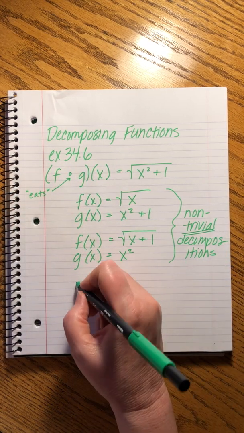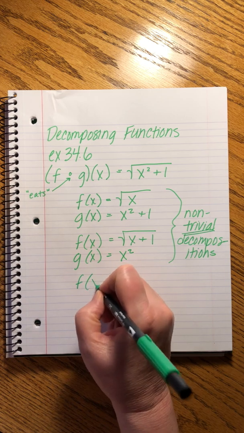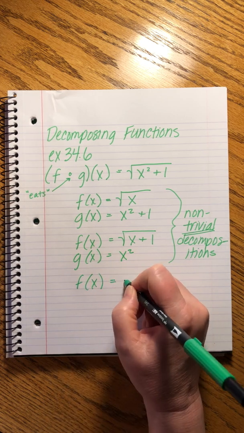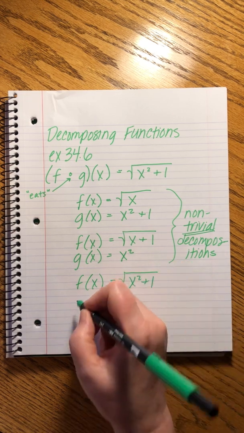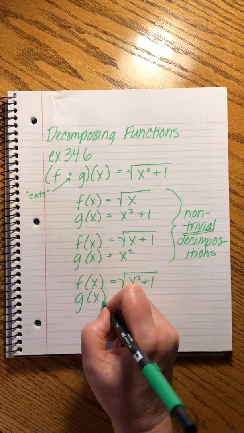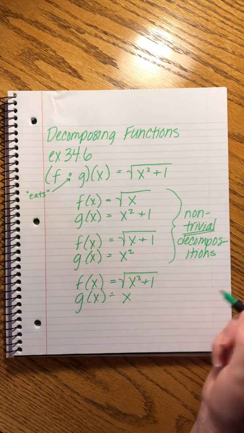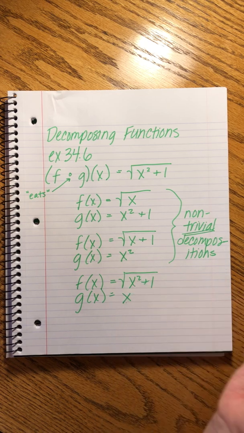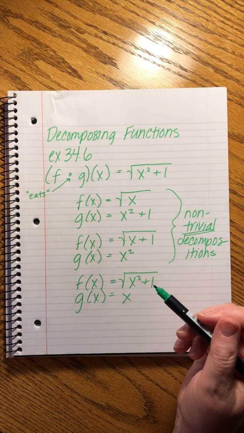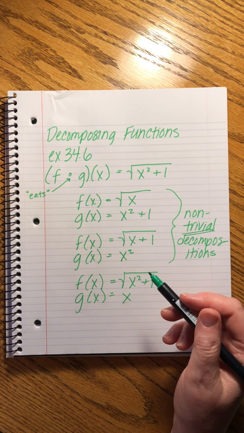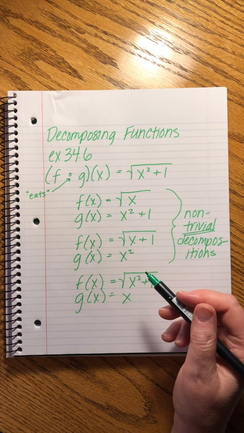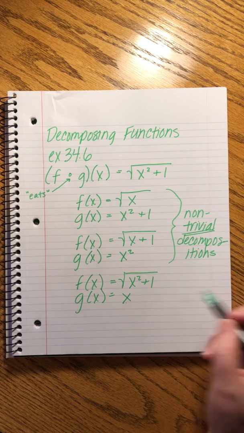What would be considered a trivial function is, we said, oh, let's just let the f of x equal x squared plus 1, and then the g of x, we'll just say that equals x. Because then when this goes in there, it's exactly the same, right? That's kind of cheating. I mean, it's not cheating. It's kind of like, 17 only equals 17 times 1.